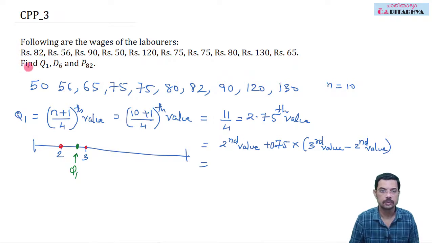Which is the second value? Second value is 56, and the third value is 65.